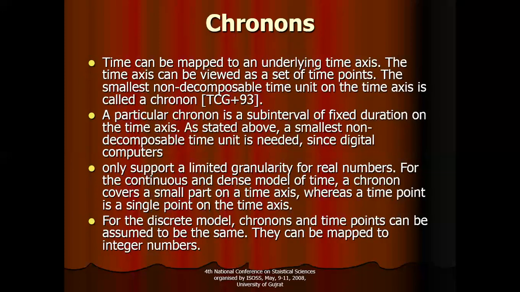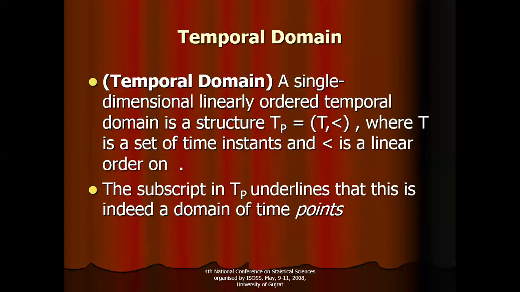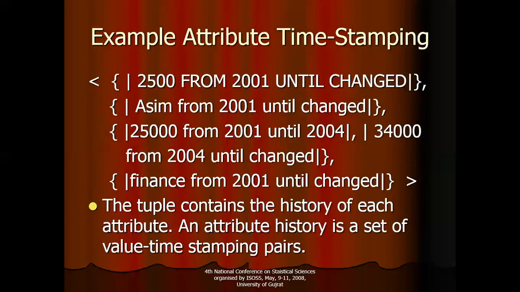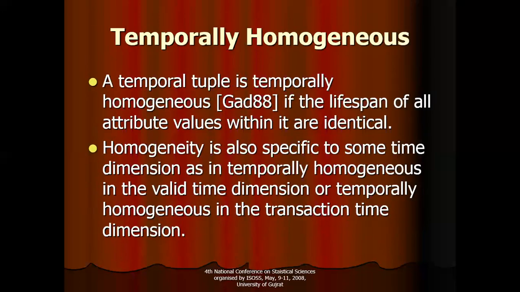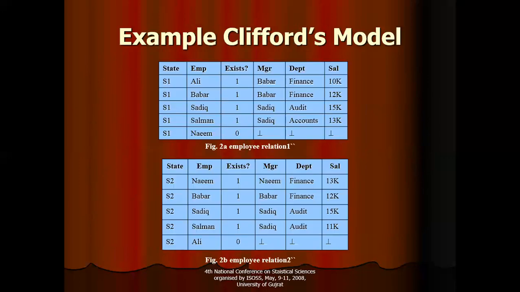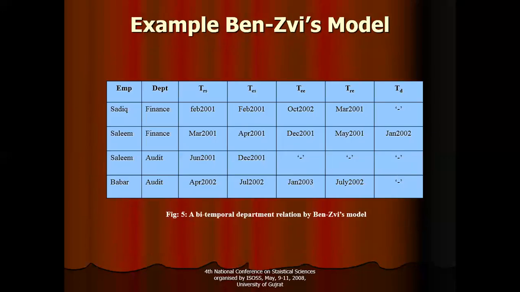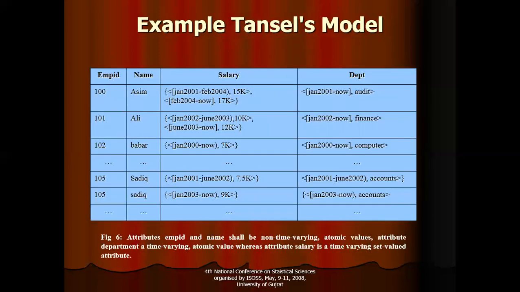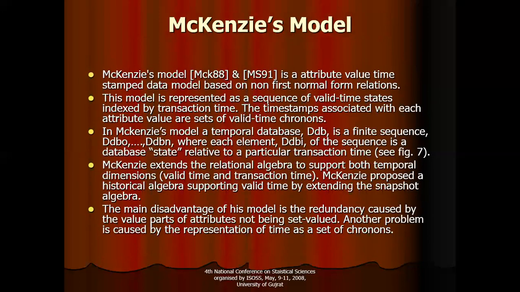So you always define chronons, because we have to manage time in the model, and as we know, time is continuous in nature. But whenever we talk about databases, we handle those databases by converting that continuous time into discrete time. So here the timestamps for each attribute value are sets of valid time chronons, whatever chronons you have defined.